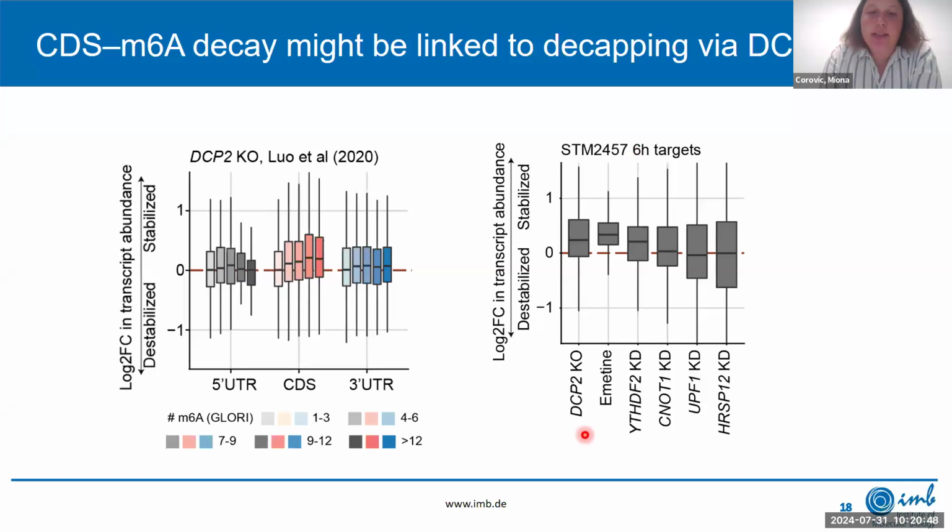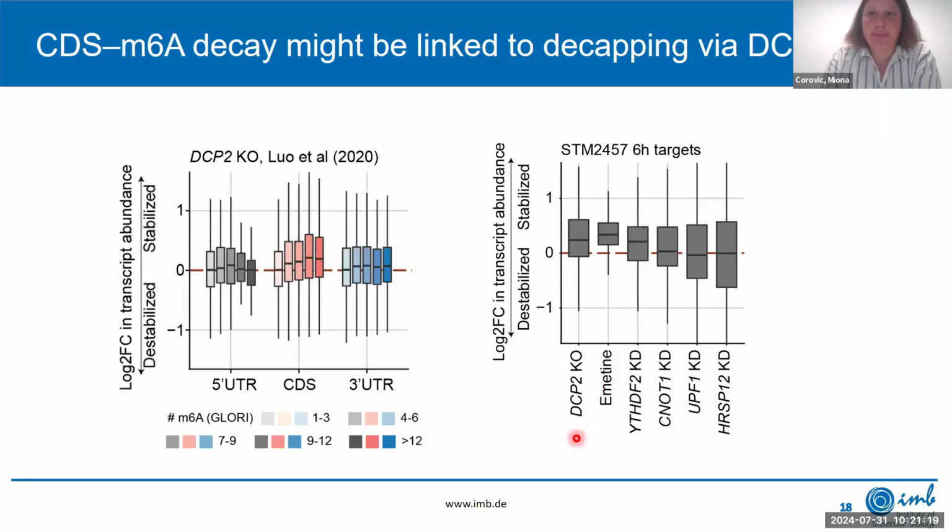And we could see that in DCP2 depletion, translational inhibition and YTHDF2 knockdown, these targets are upregulated while they remain unchanged upon CNOT1, UPF1, or HRSP12 depletion, which now really made us confident that our pathway is separated from other known pathways, and it is coupled to translation by YTHDF2 and maybe DCP2.